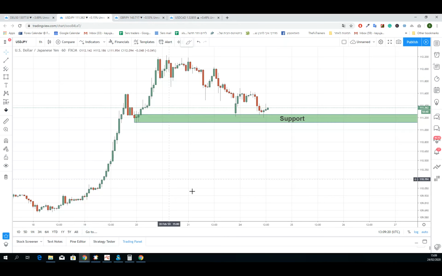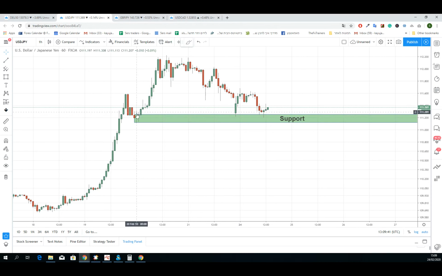The next will be the US dollar against the Japanese yen, and we are looking at the 1 hourly chart, H1. As you can see, the price here tests this previous demand, which is the last available demand.